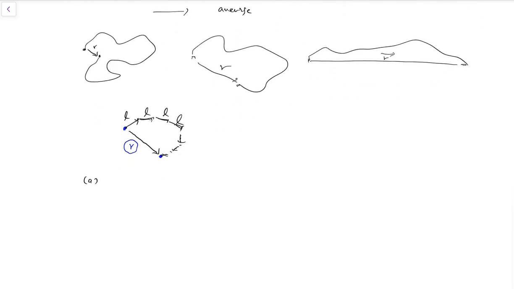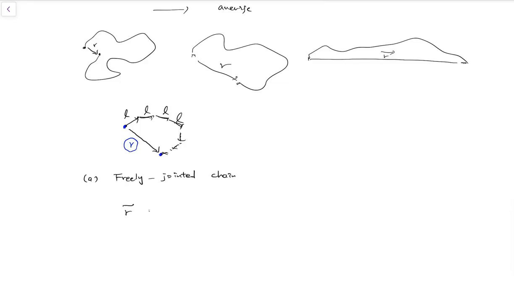So first case is freely jointed chain, as we freely jointed. Okay, so the overall end-to-end distance will be the sum of all the vectors.